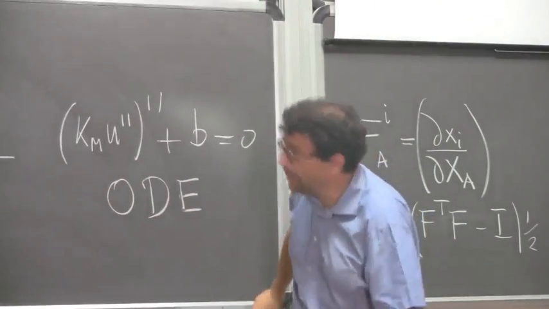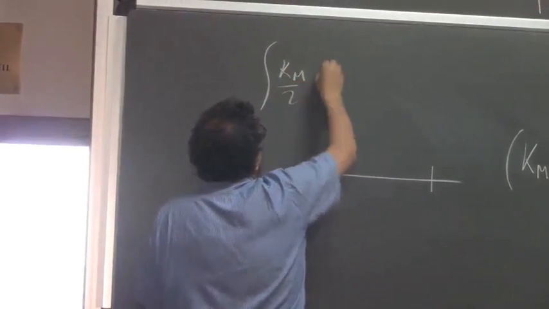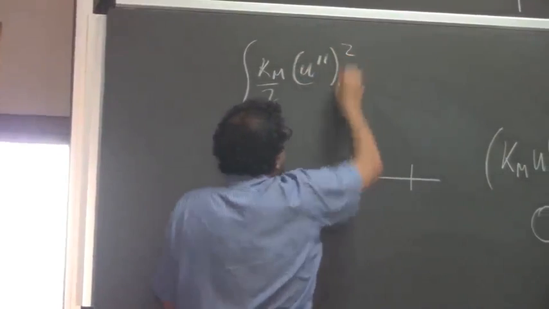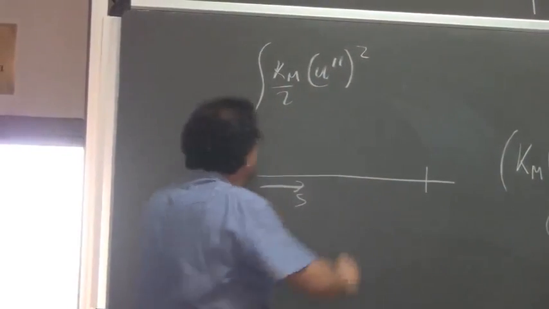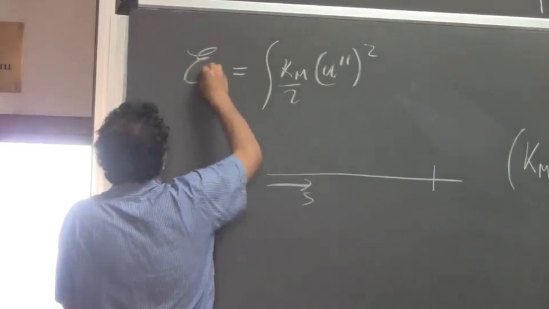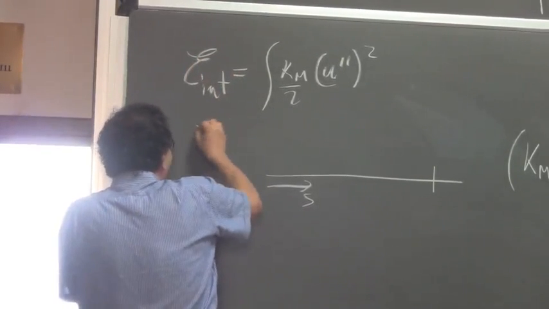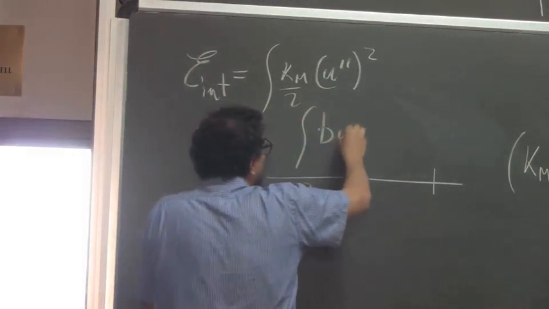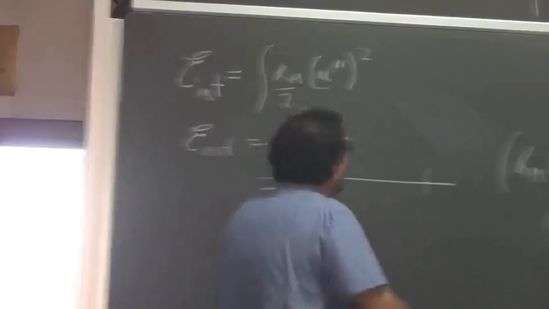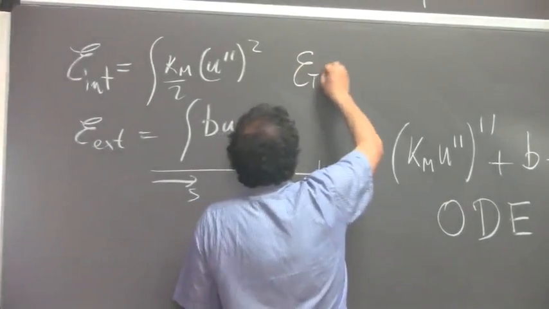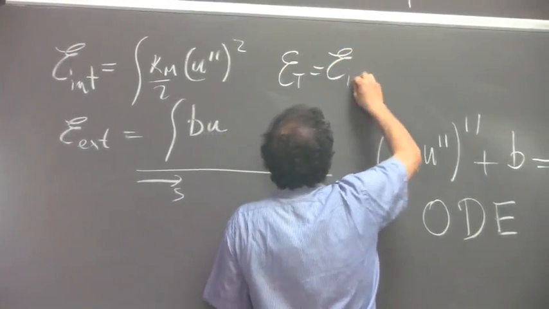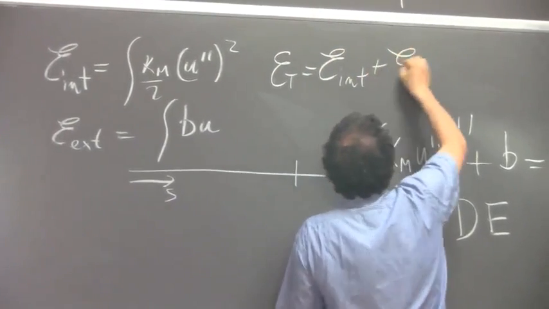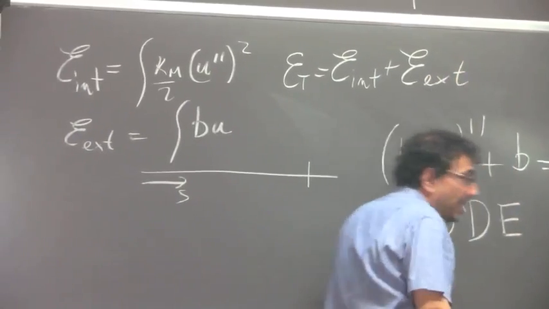So what did we say? The integral of K m over 2 second squared is the internal energy. Then we wrote the external energy, then the total energy. Then we said we want the minimum of total energy.